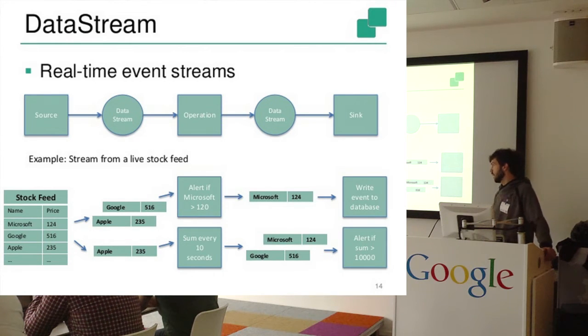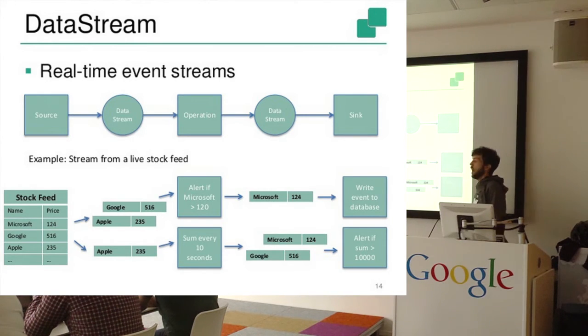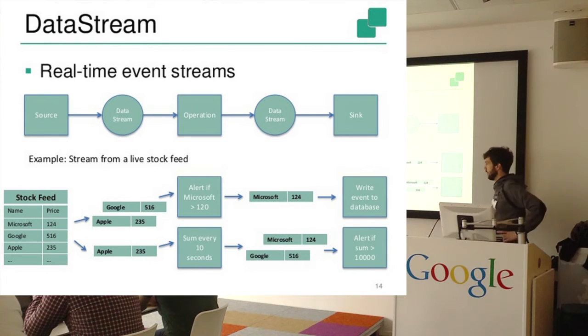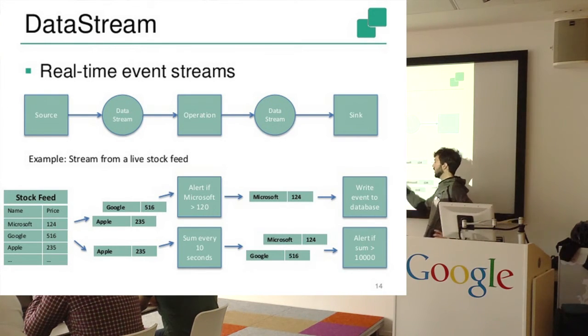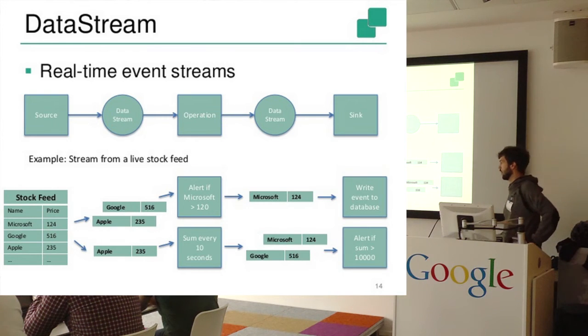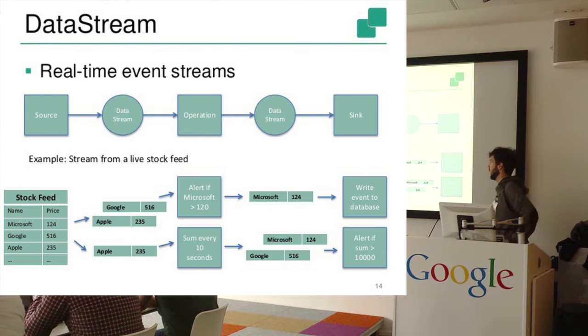But a typical example would be to have a live stock feed with stock prices, and for example, trigger an alert if the Microsoft stock price goes beyond 120 and write that to the database, or sum up all the stocks every 10 seconds and also trigger an alert if the stock prices go too high.